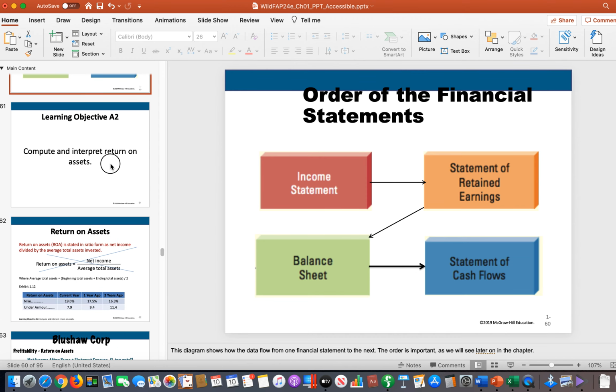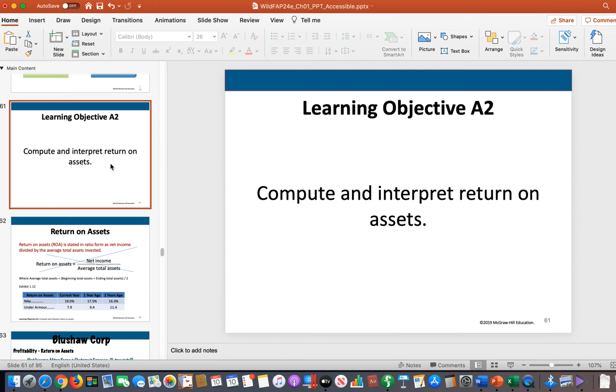Okay, now, once you've generated the financial statements, you now have to conduct some analysis. One of the most popular methods or steps in analyzing the financial statements is calculating what is called return on assets.